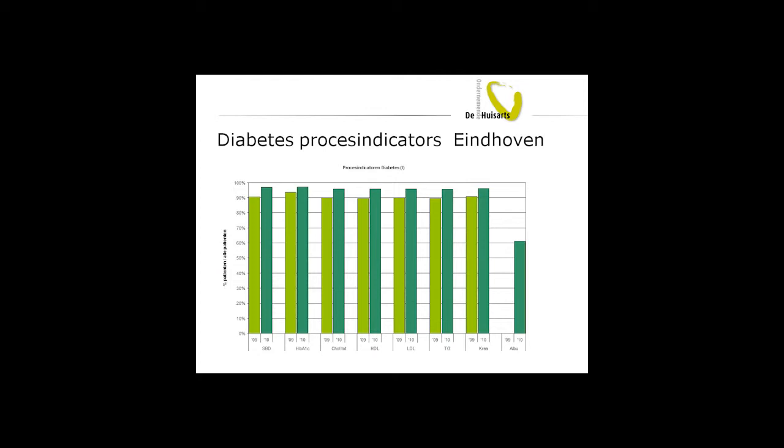You see that even if you have already 90% on process indicators, you can still improve. You can wonder how much energy you should put in getting 90 to 95%, but at least you can see that it's moving in all these different practices here on the different levels of care. I mean, HbA1c, cholesterol, HDL, LDL. So it will shift, even if it's good.